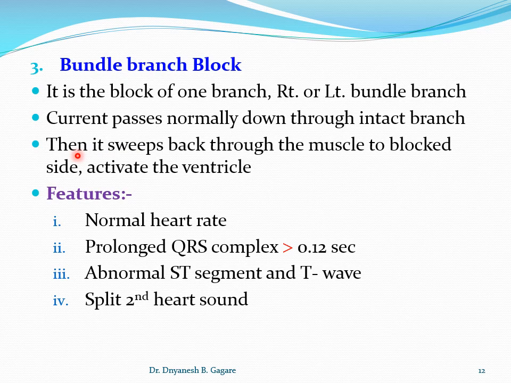And that current then sweeps back through the muscle to the blocked site and activates the ventricle. So the impulse goes to the other side through the myocardium, and it leads to contraction of the other side also. What are the features? The heart rate is normal, but the QRS complex is prolonged, increasing above 0.12 second.